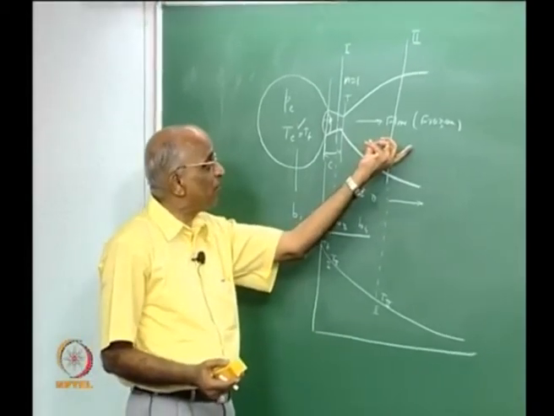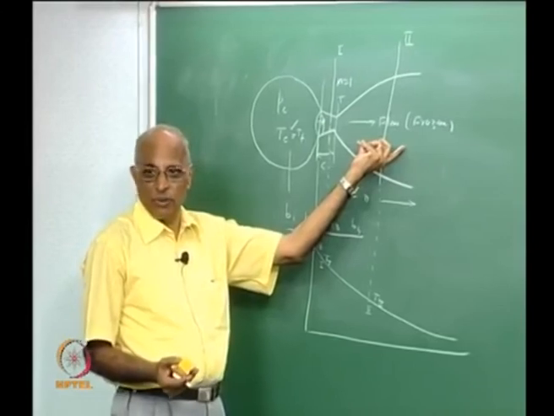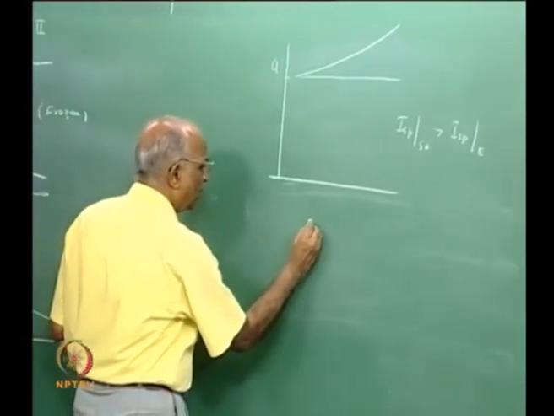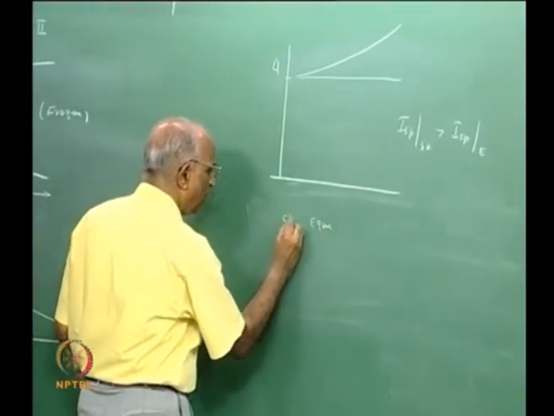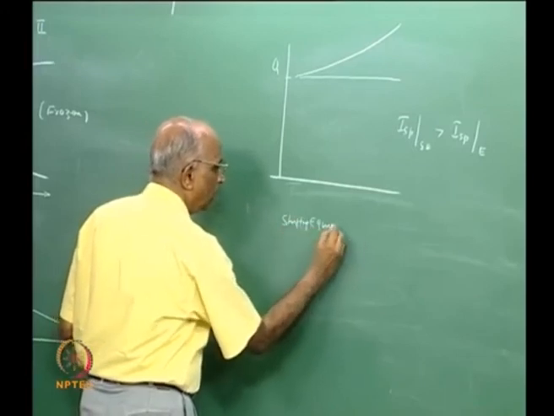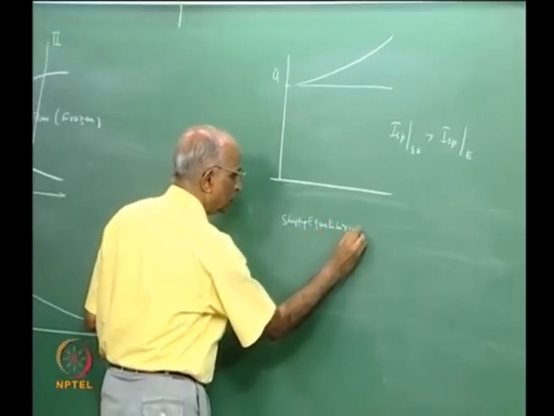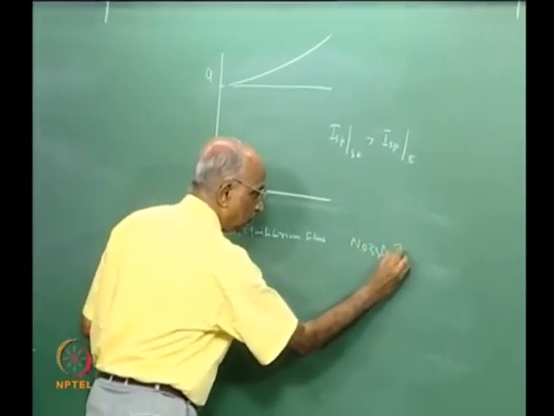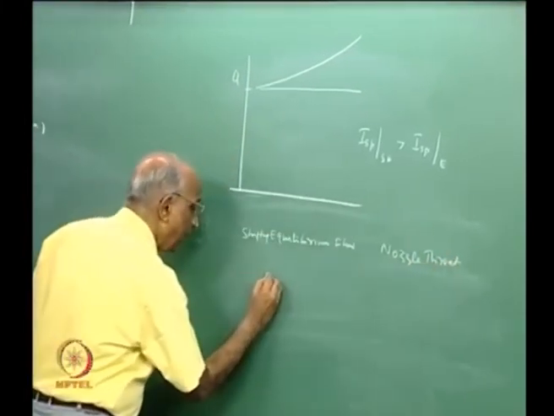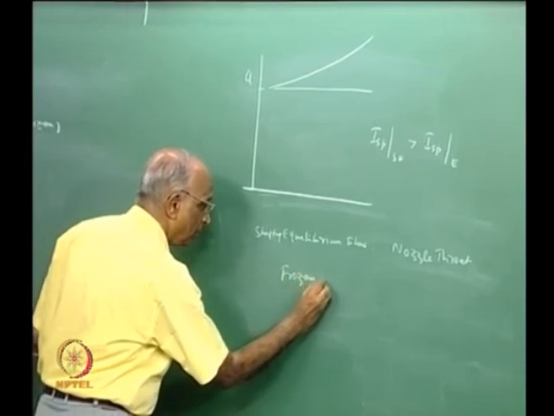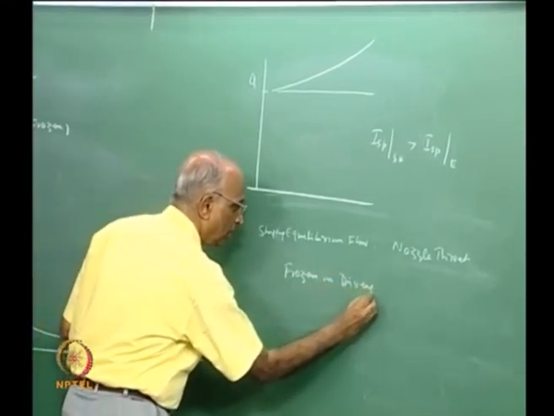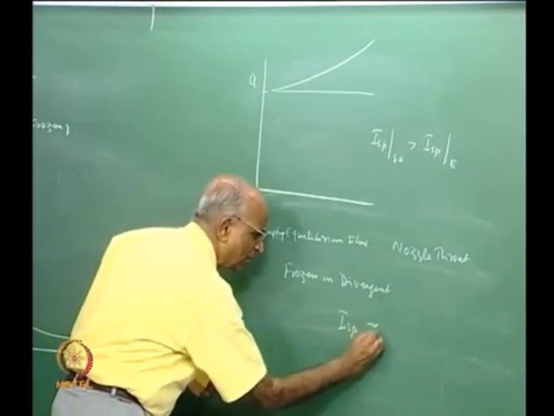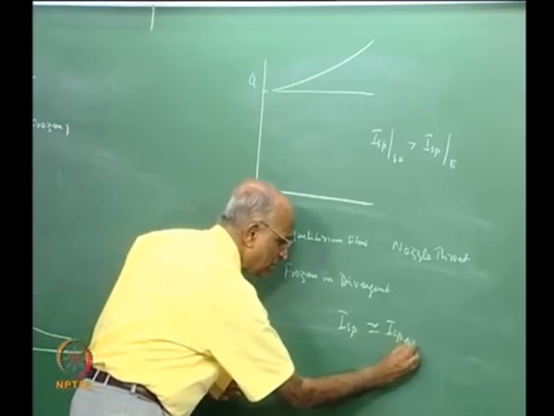In my divergent where the flow is supersonic, there may not be time for equilibrium to take place, and the general practice is that you assume equilibrium flow or shifting equilibrium flow up to the nozzle throat and frozen thereafter, and this seems to give the value of specific impulse near the values which are experimentally measured. But this is not always true.